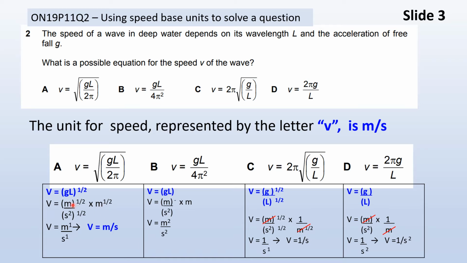Now we multiply m times m and add the exponents: half plus half is 1. And for the seconds, we multiply those exponents, so 2 times 1 half is 1. So the result is meters per second, which is the same as the base unit for velocity. So option A is correct.